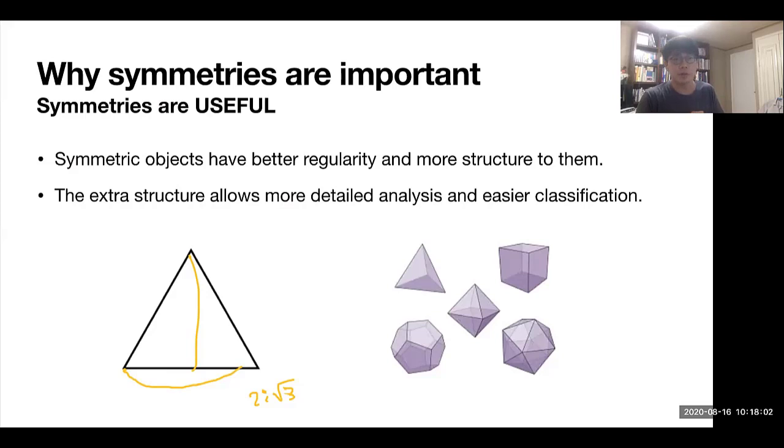Another important problem in math is that of classification. Say you want to classify all different regular polygons. You know that there's exactly one convex polygon of, say, n edges, such that the edge lengths of all n edges and all n angles have to be the same.